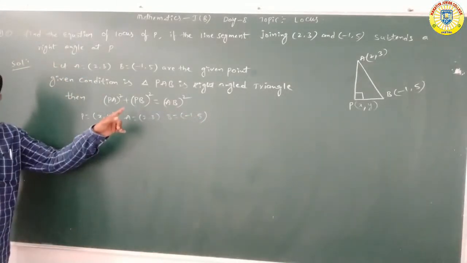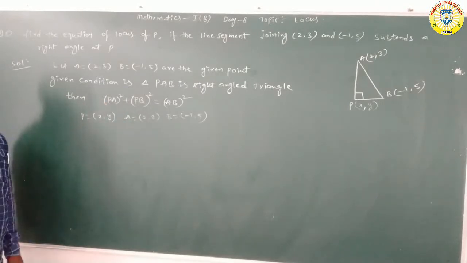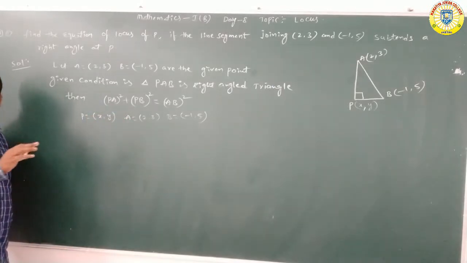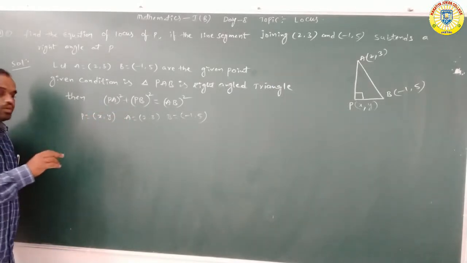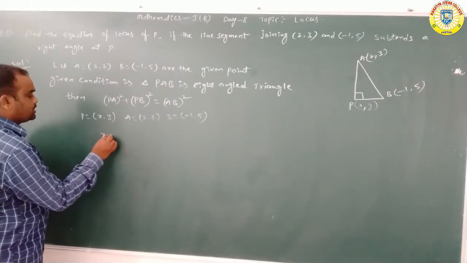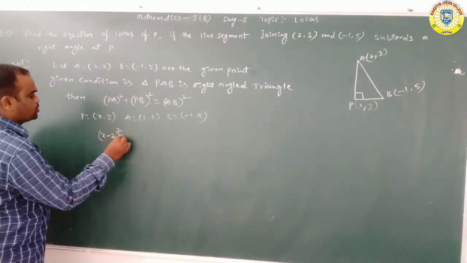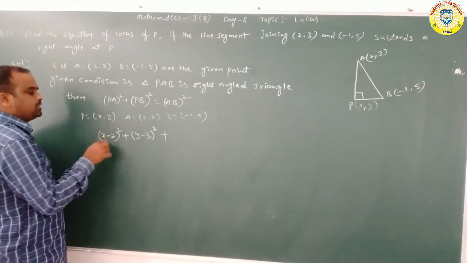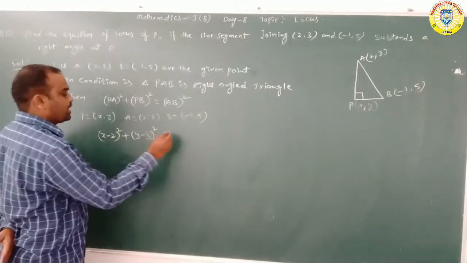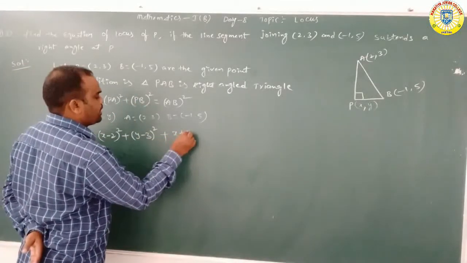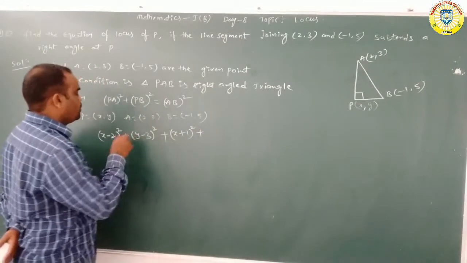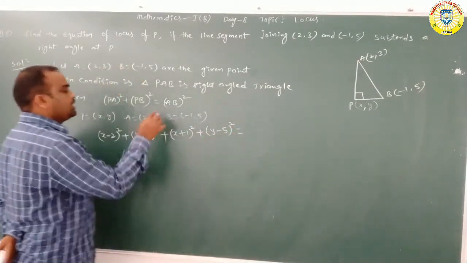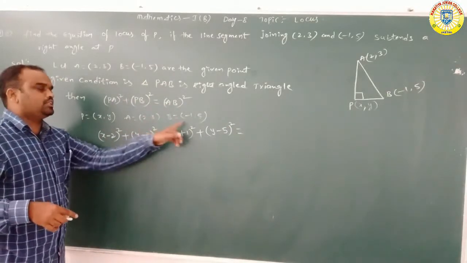Now we substitute the values in PA² + PB² = AB². PA² is (x − 2)² + (y − 3)². PB² is (x − (−1))², that is (x + 1)², plus (y − 5)², equal to AB².